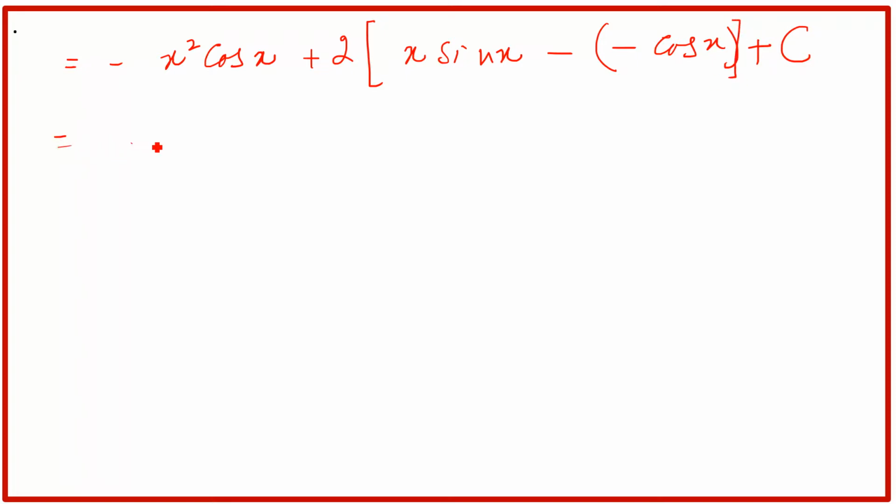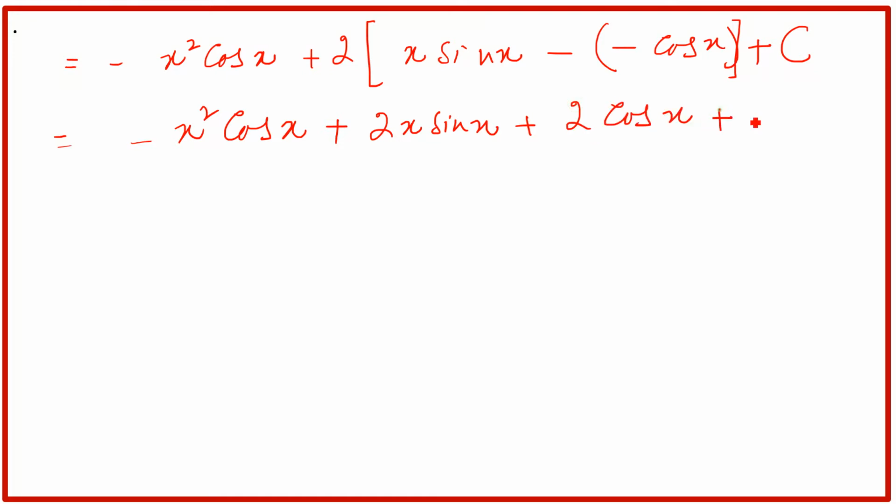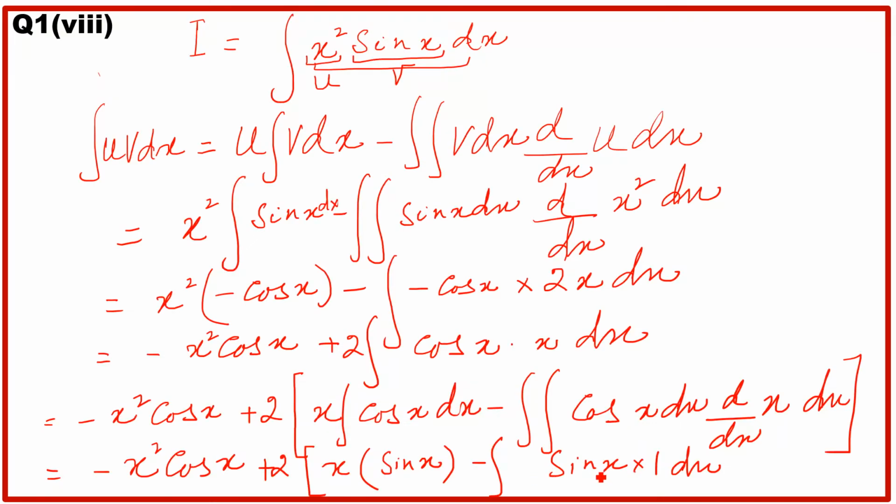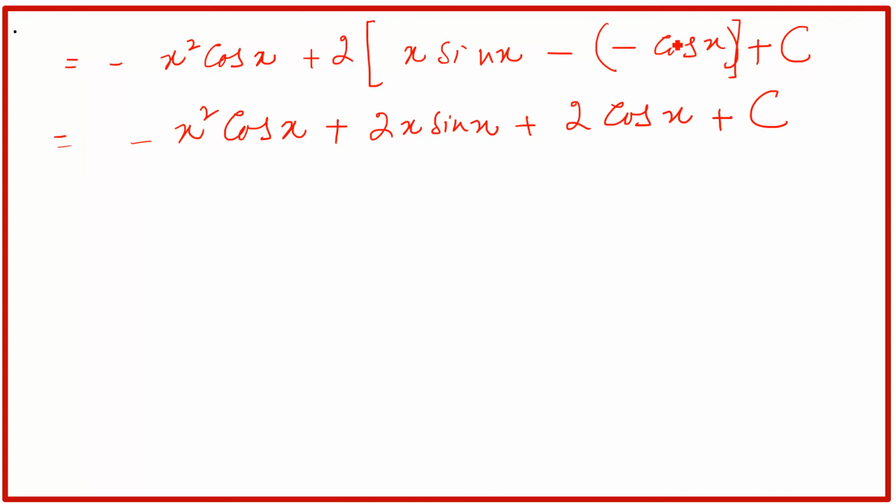So it will be equal to minus x square cos of x plus 2x sine x, and this is minus minus plus, so 2 cos of x plus c. Why this minus cos of x? So see, the integration of sine x is minus cos x, so minus cos x, minus minus plus, and the constant of integration, and this is your answer.